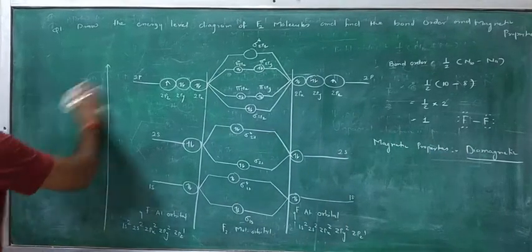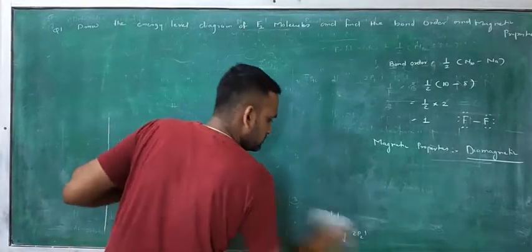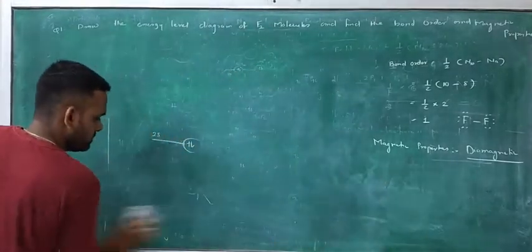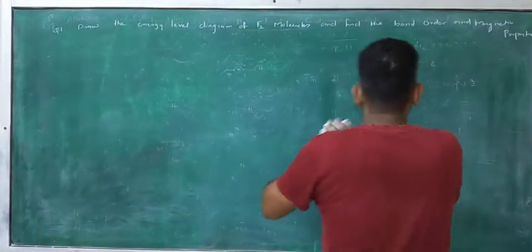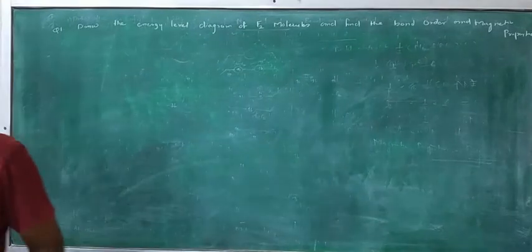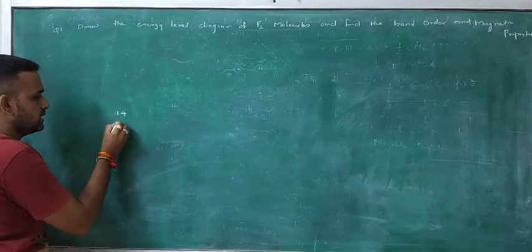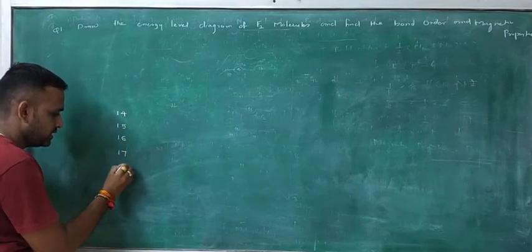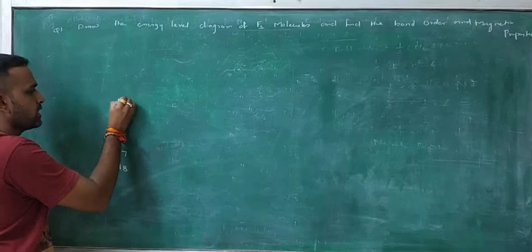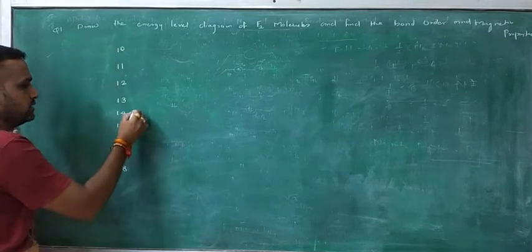Now, next one. If somebody asks you to find the bond order directly, how do we find it? Let us see. First of all, write down 14. Then here 15, 16, 17, 18. In the same way here 13, 12, 11 and 10.